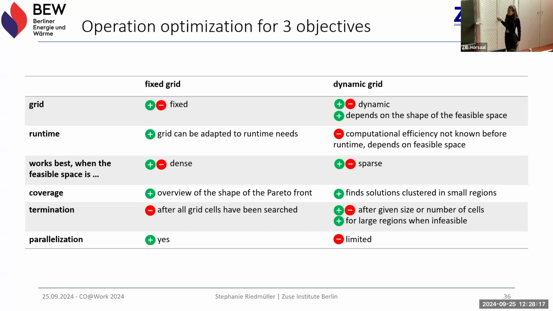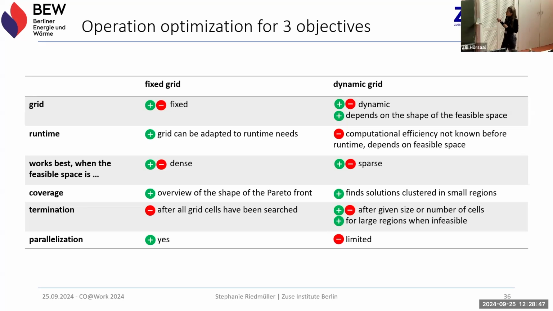The fixed grid algorithm works best in a dense feasible space, because when it's dense, we want to have an overview, and in a dense space a dynamic algorithm could go in all directions. The dynamic grid works best on sparse spaces. The coverage for the fixed grid algorithm is, as I said, an overview of the shape, and for the dynamic grid, more specific solutions in clustered regions.